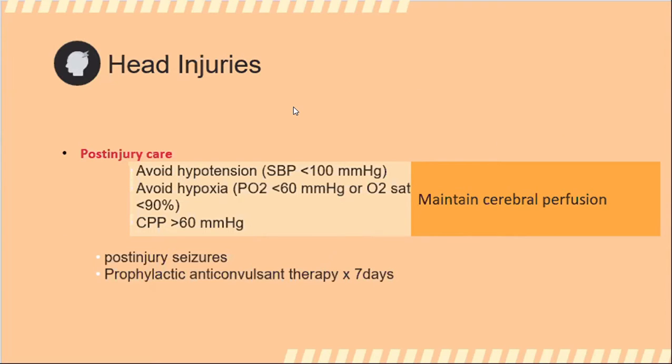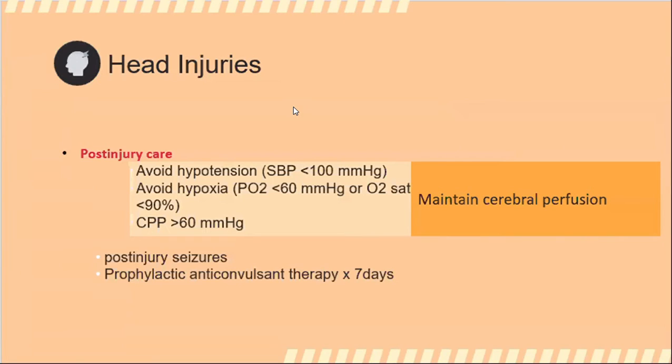For post-injury care, you must maintain cerebral perfusion. So ano yung cerebral perfusion? It is at least above 20 millimeters mercury. So your cerebral perfusion pressure is the difference between your MAP and your ICP.